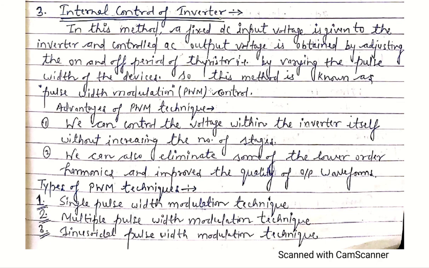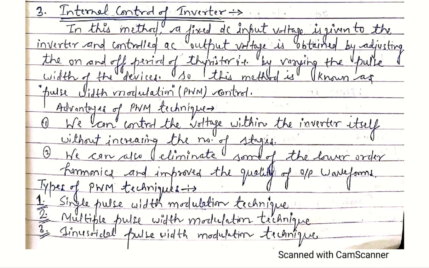By varying the pulse width, that is the on and off time period of the device, we control the AC output voltage. So what are the advantages of this PWM technique? We can control the output voltage within the inverter itself without increasing the number of stages. This PWM control is called internal control, because we do not have to apply external circuitry for controlling the output voltage at the inverter.